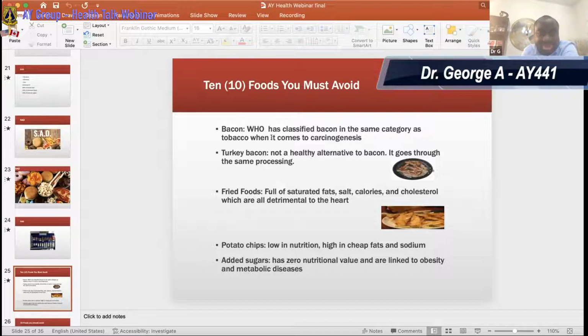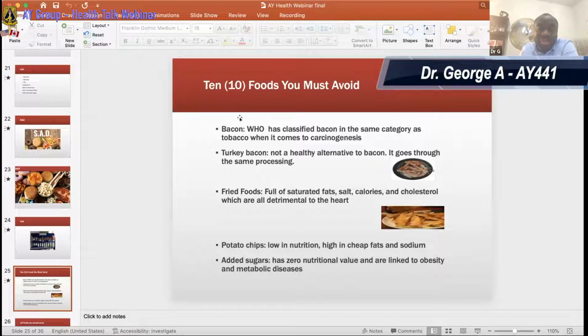So number one is bacon. When you wake up in the morning, it sounds good having bacon and fried eggs and potato chips and all those things. It sounds good, but you're actually killing yourself.